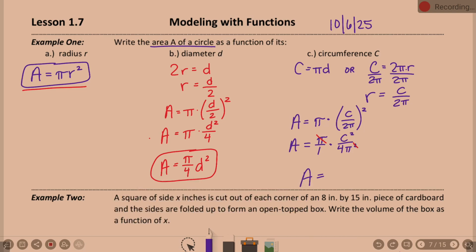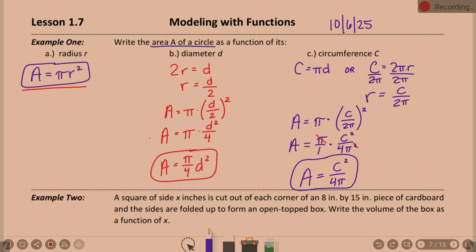So C squared over 4 pi. That's using all formulas you know, yes? So it's using formulas you know. You've just got to work to manipulate them.